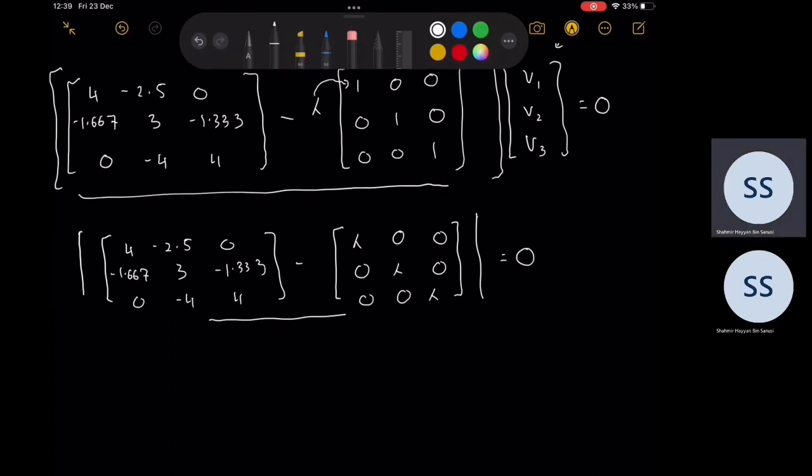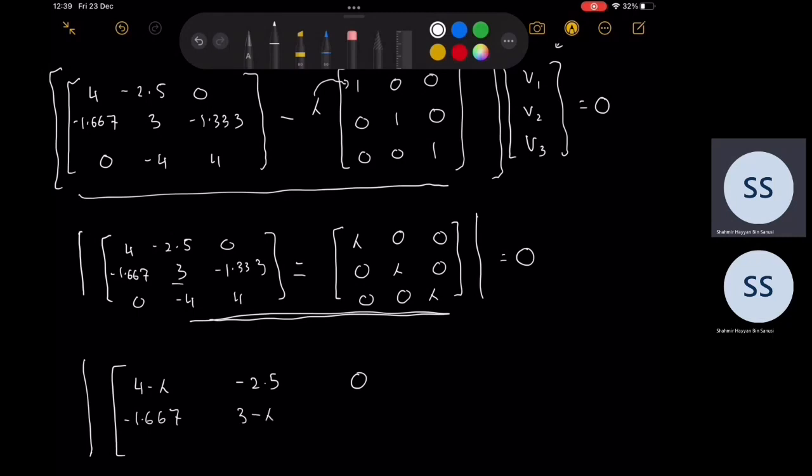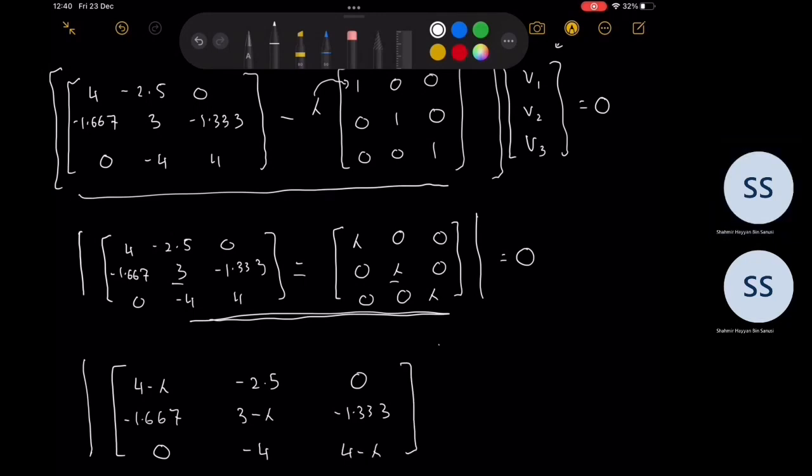If we combine these two together and simplify, in the end we will get 4 minus lambda, negative 2.5, 0, negative 1.667, 3 minus lambda, negative 1.333, 0, negative 4, 4 minus lambda, and this equals 0.